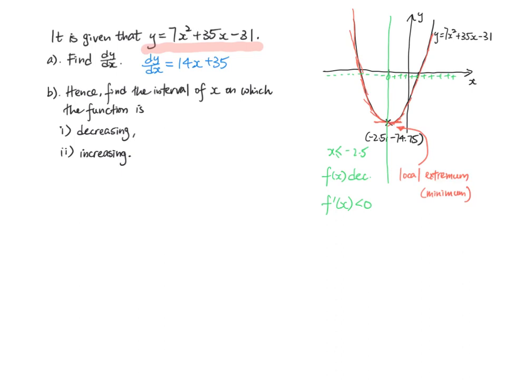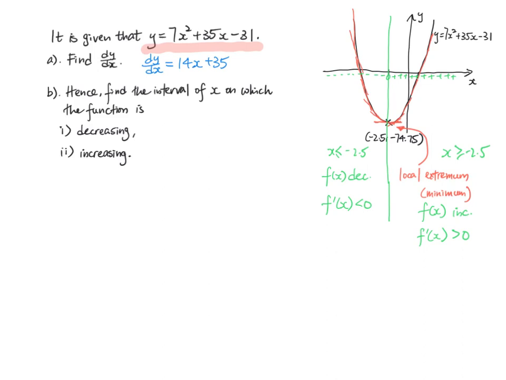So on the right hand side of negative 2.5, the function itself would be increasing, right? Because it's going up, and the derivative f prime of x would be greater than 0. Okay, so this is just an illustration.